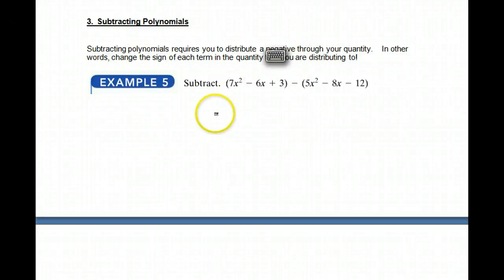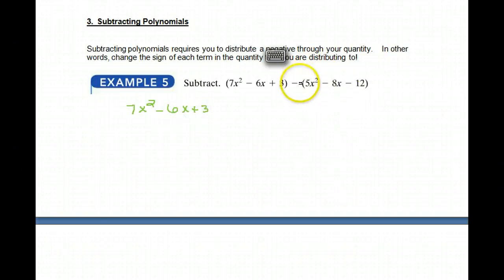So as you look at this first example, you'll notice that there is absolutely nothing in front of the very first parenthesis that we have. We can't do anything inside that parenthesis, so I'm simply going to rewrite all of those terms. I have 7x squared minus 6x plus 3.